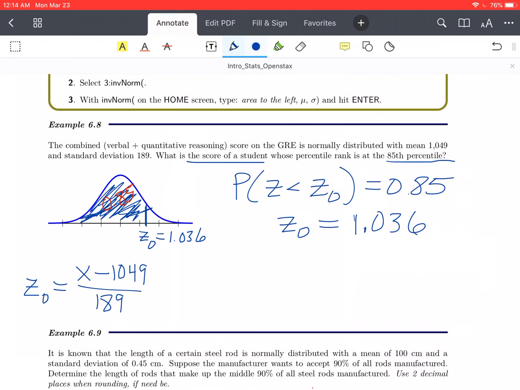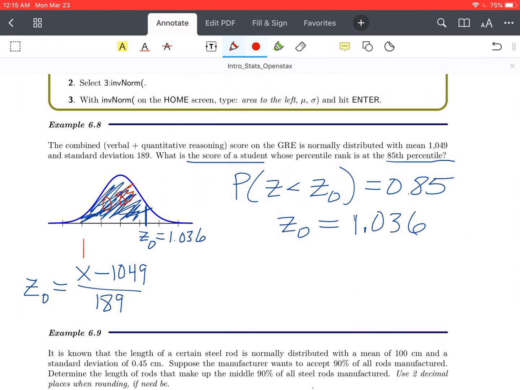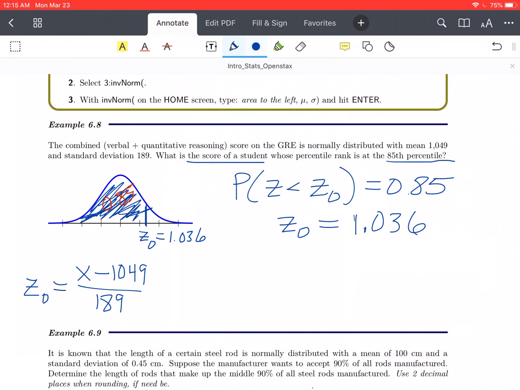And normally, we would plug in the value of x right here. However, we don't know the value of x this time. What we do know is z, or z naught in this case. So we know that this is equal to 1.036.